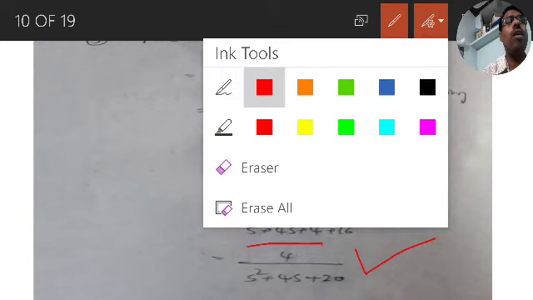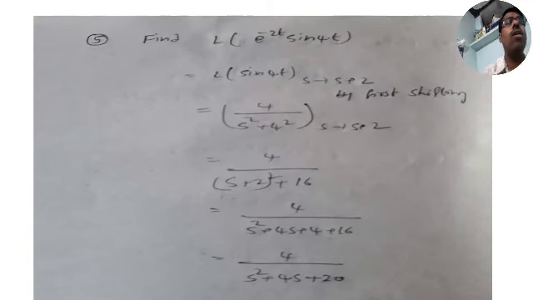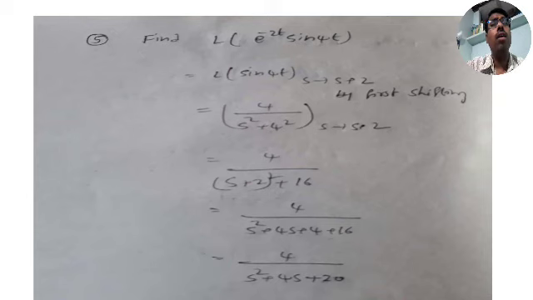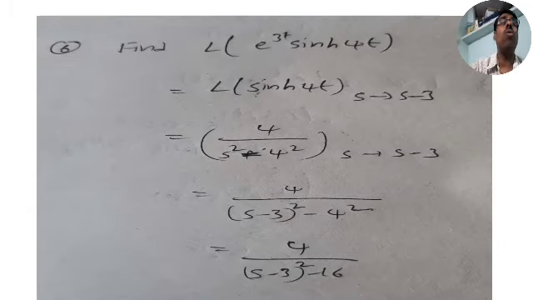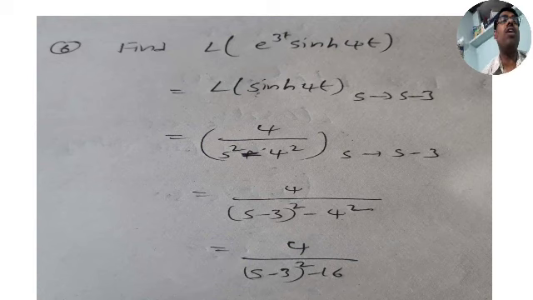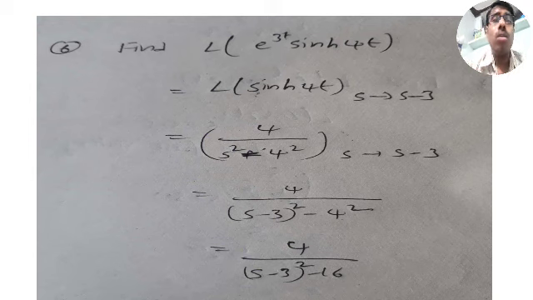So this is the fifth problem. So let us go to the sixth problem. What is that? L of e power 3t into sinh 4t. Sinh 4t now. So are you able to recall how you identify the problem?